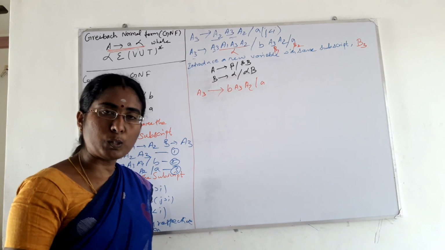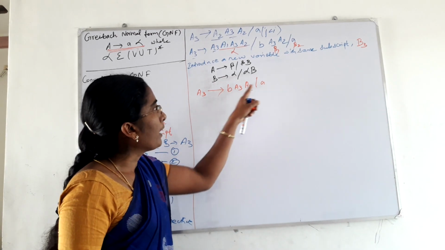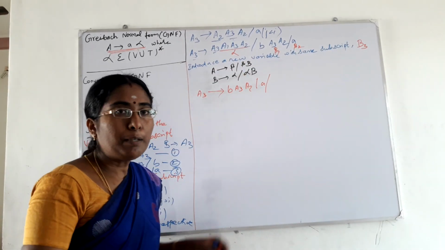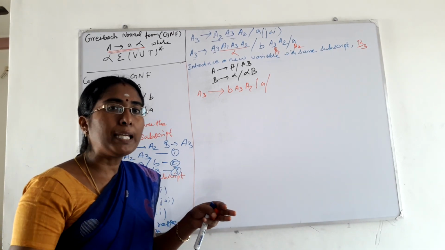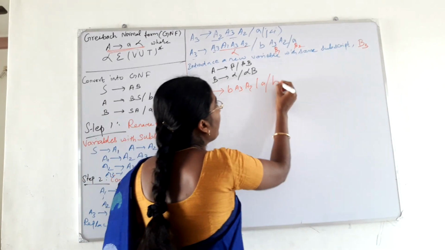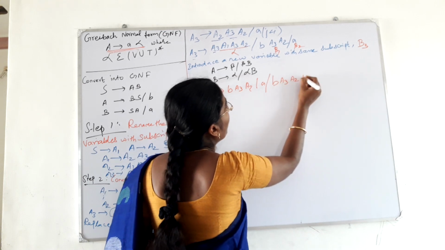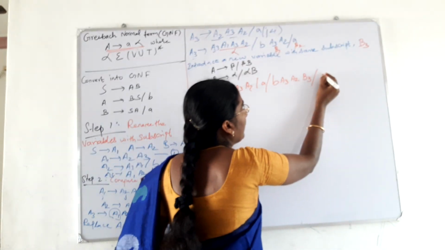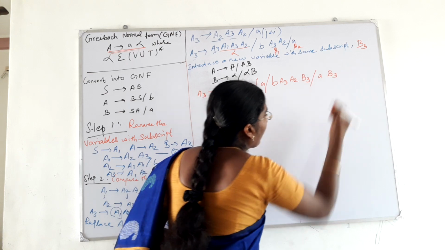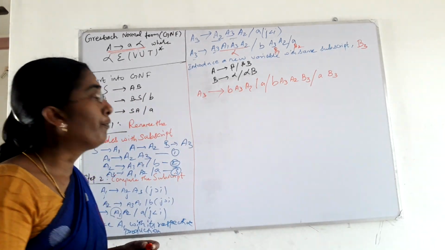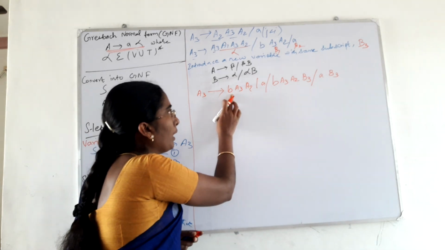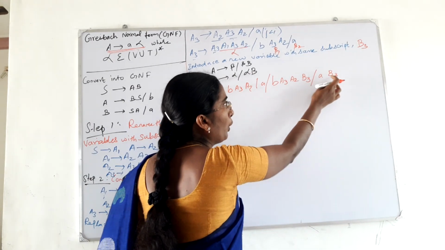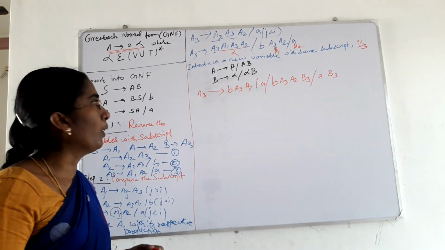So the two values b A3 A2 slash A, slash beta followed by B. Here B is B3. So b A3 A2 followed by B3, slash, one more beta value is A followed by B3. These are the four productions for A3: beta 1, beta 2, beta 1 followed by B, beta 2 followed by B. These are the productions for A3.